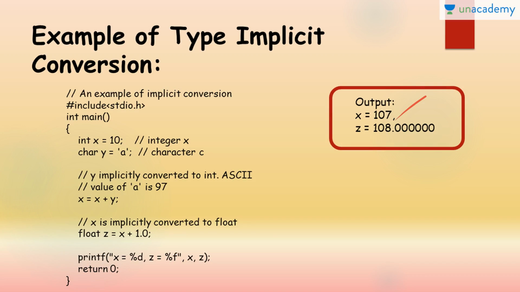So convert 107 to float, then add it with 1.0, and the result is z. z will be obtained as 108.000000. We have learned that float has maximum precision after the decimal of up to 6 digits. So this is the final output of this example program.